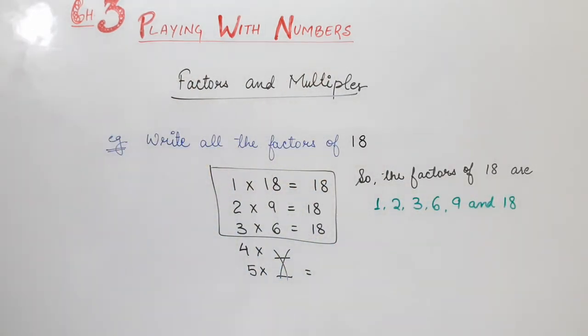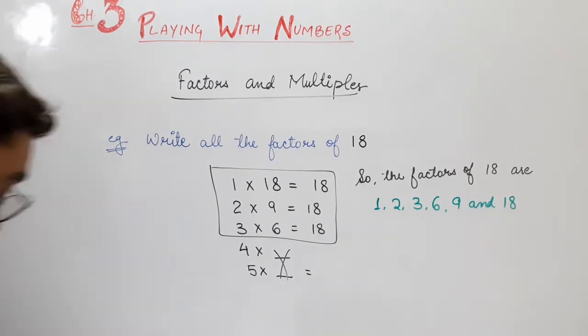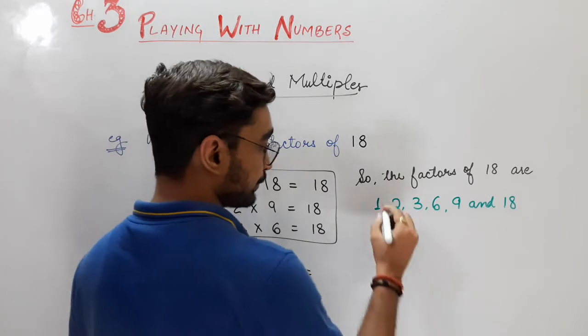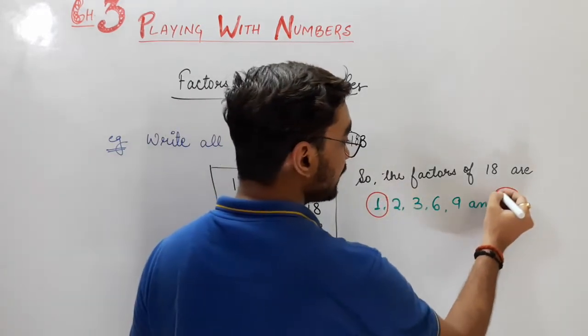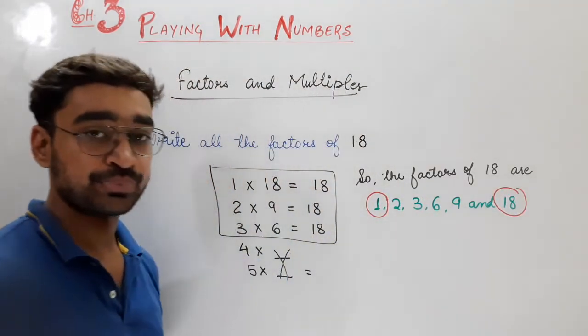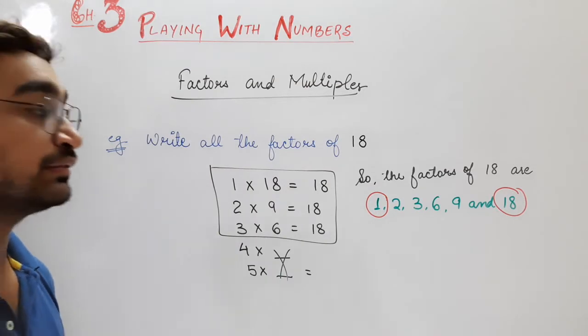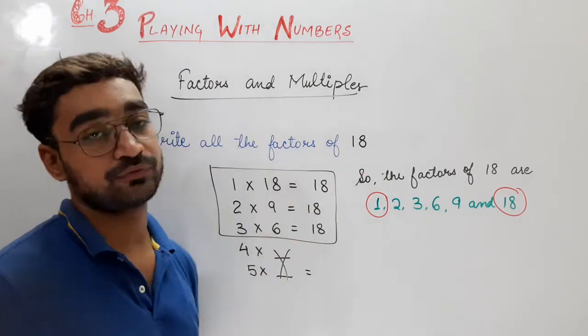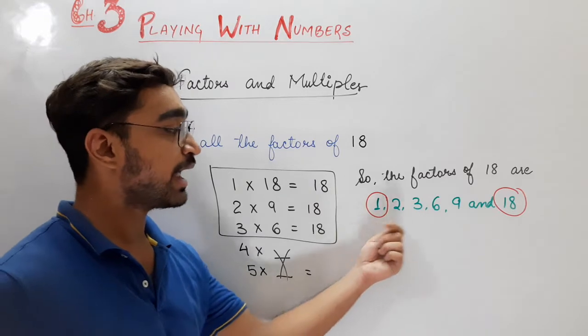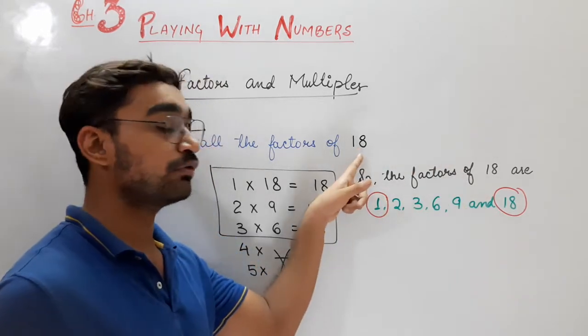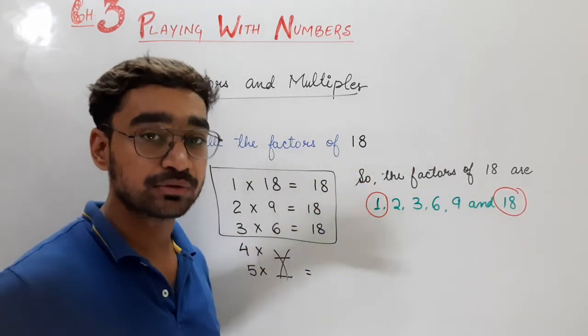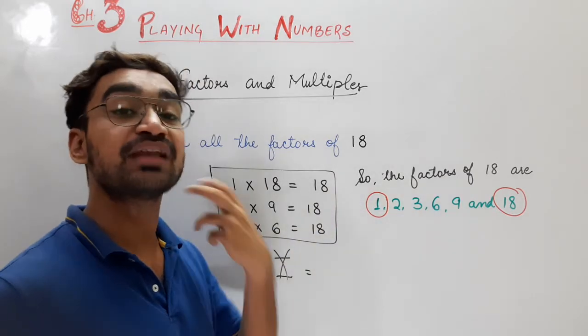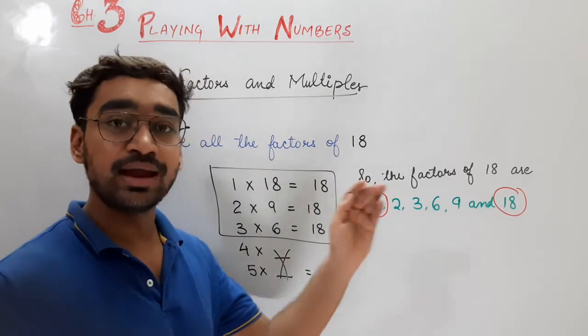You can see one thing here: 1 and the number itself are always factors of that number. If I am asking for 100 also, 1 into 100. If I am asking for 9, 1 and 9 should be there.